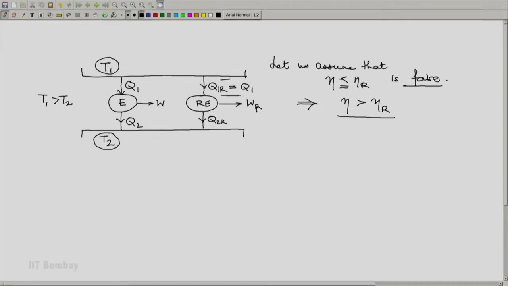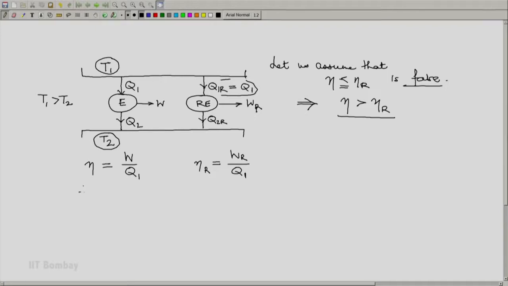This is an adjustment we will do as we have done earlier. Then we will notice that the efficiency of our heat engine is W by Q1, and the efficiency of our reversible heat engine is WR by Q1R. Notice that Q1R is assumed equal to Q1, the working of RE has been adjusted.